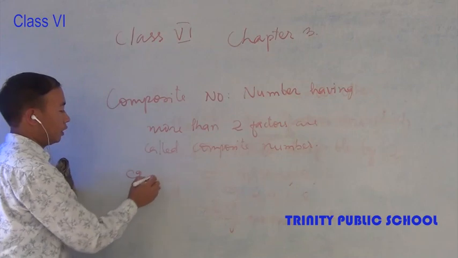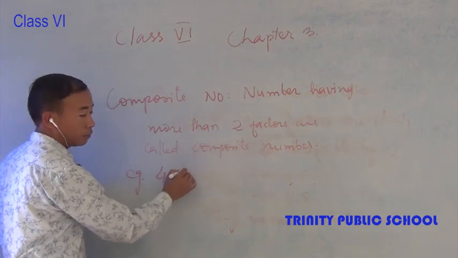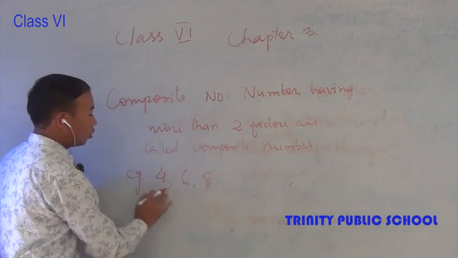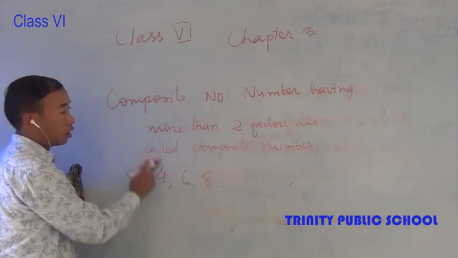Example, let's see, 4, 6, 8. We call these numbers composite numbers.